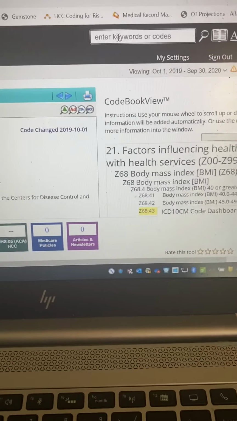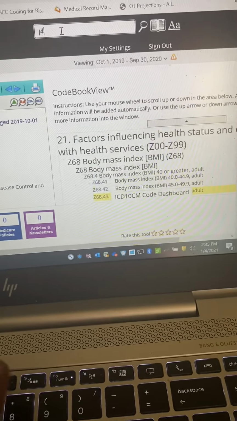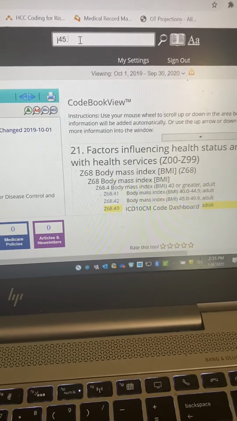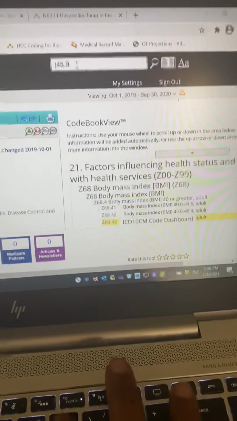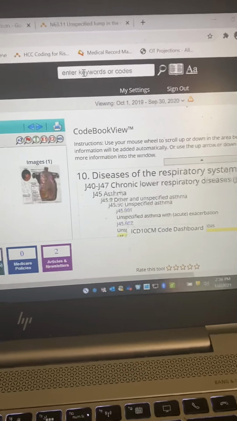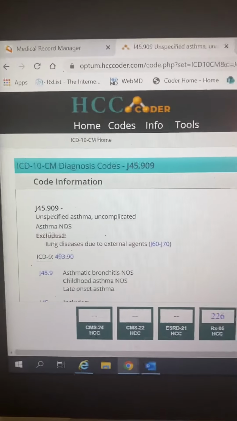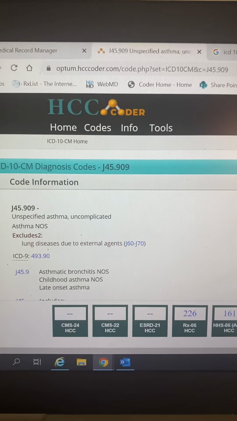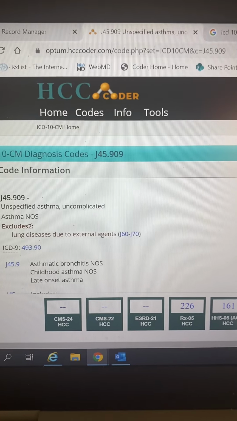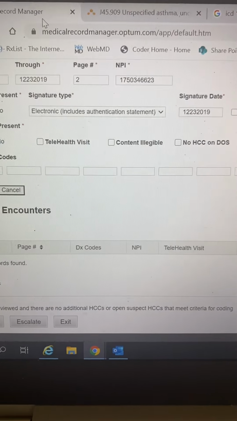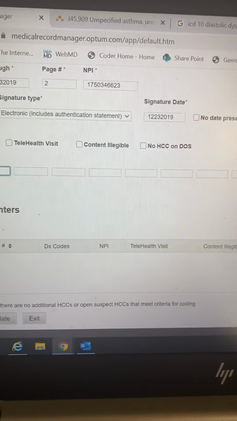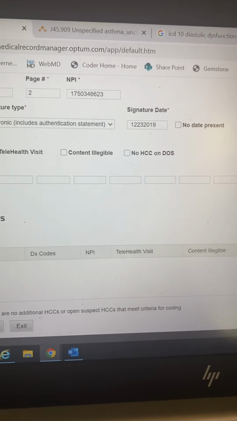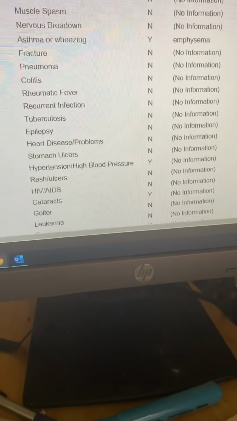The asthma code is going to be J45.909, because I don't know what kind of asthma, so it's unspecified. Didn't I tell you unspecified asthma? It doesn't say anything about complications, so this is the code I'm going to use. You guys better listen. I know these codes. Okay, so let's continue to go through the list.